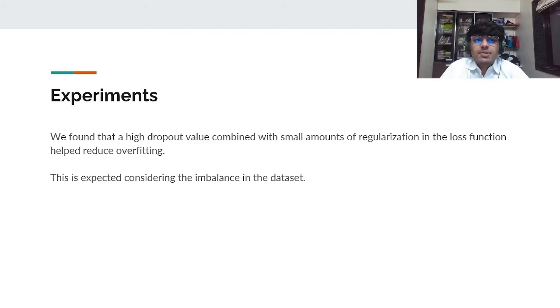So the experiments and hyperparameter tuning section, where we found that high dropout values are great, which is not surprising, along with regularization in the loss function, both used to reduce overfitting and improve generalization.